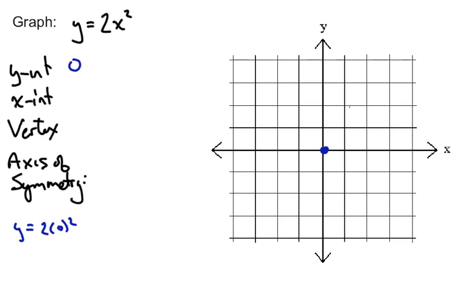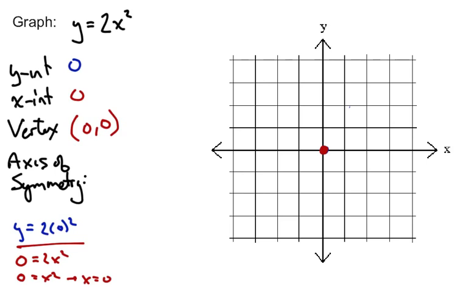That's also going to be where our x-intercept is, because in order to find the x-intercept, we plug 0 in for y. So we divide by 2 and square root it, so x is equal to 0. When the x-intercept and the y-intercept are both in the same spot, it's going to be at the origin, and that is going to be our vertex.